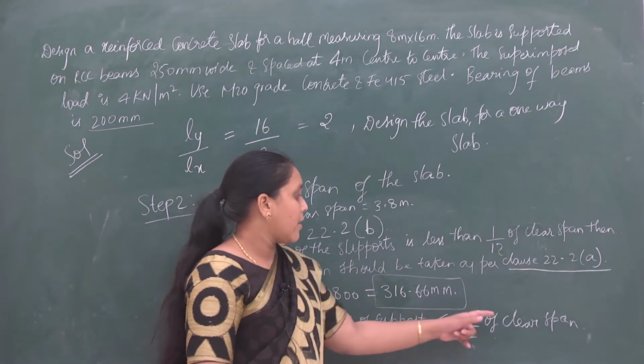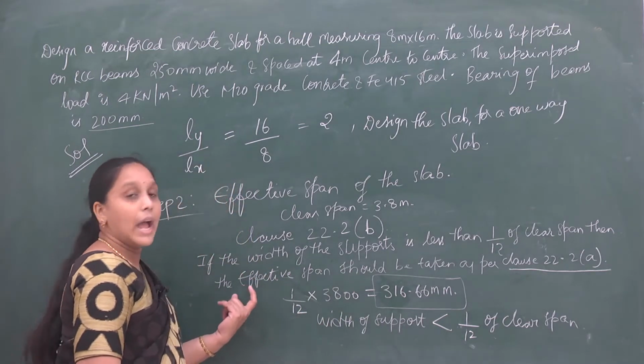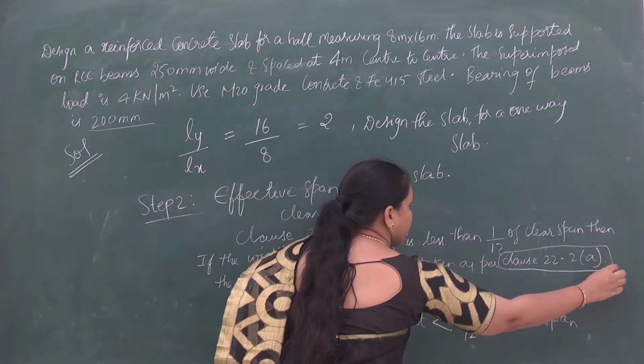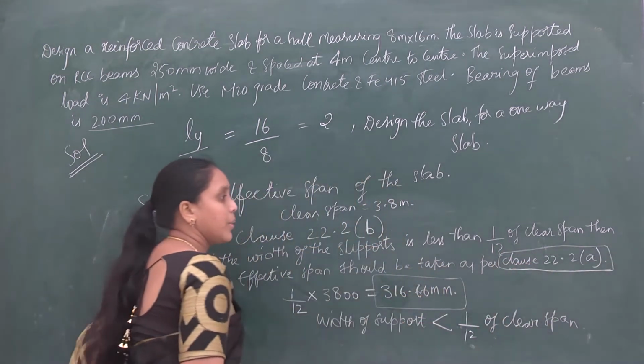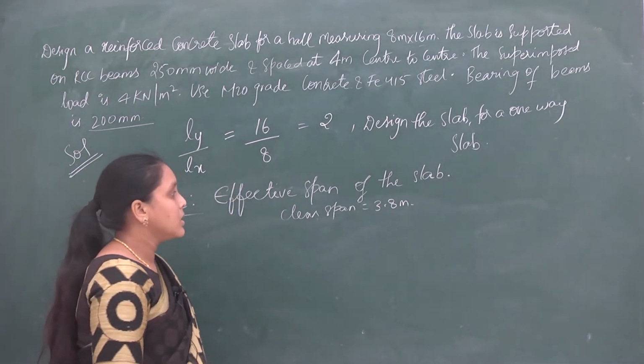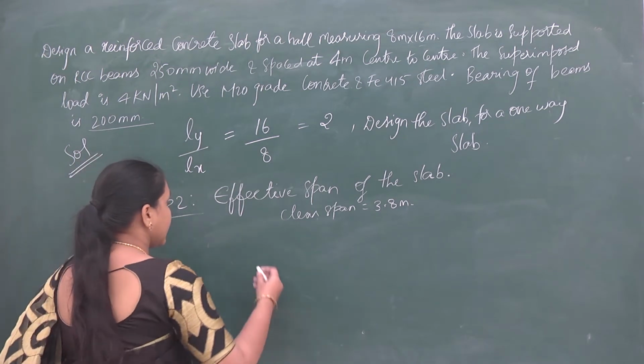Now, as we have got this condition, let us calculate the effective span by taking the formulas given in clause 22.2.a. So as per clause 22.2.a, how will we calculate the effective span?